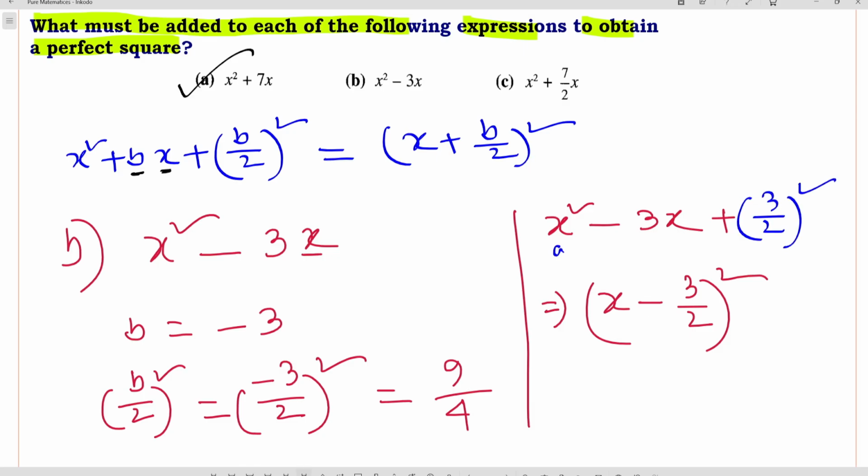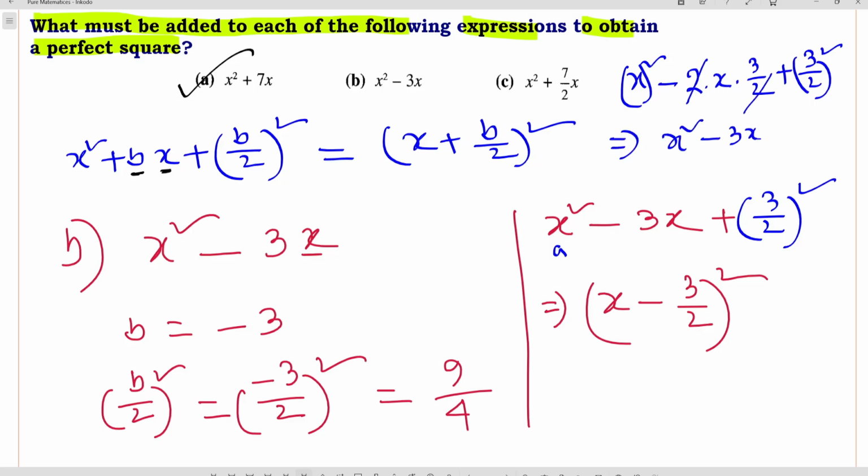It means this is a square minus 2ab plus b square, where a means x, b means 3 by 2. So the 2 and 2 cancel out, we will get x square minus 3x plus 9 by 4. So we will add this 9 by 4. Our answer is 9 by 4, right?